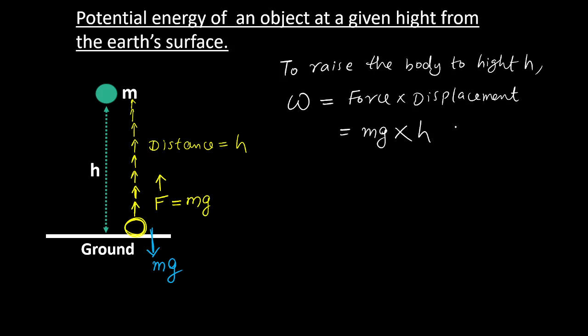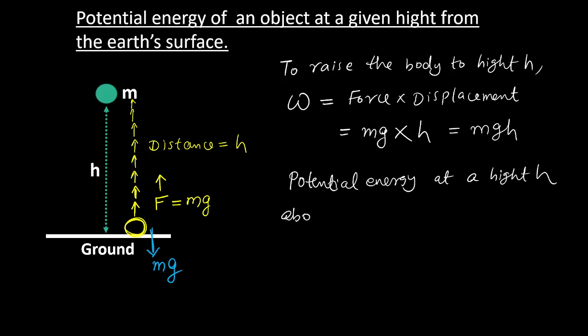So mgh work I have done on the body. To increase the height h, I have done mgh work. That work is stored as the energy, potential energy. So potential energy is stored in the body. Potential energy at a height h above the earth's surface.